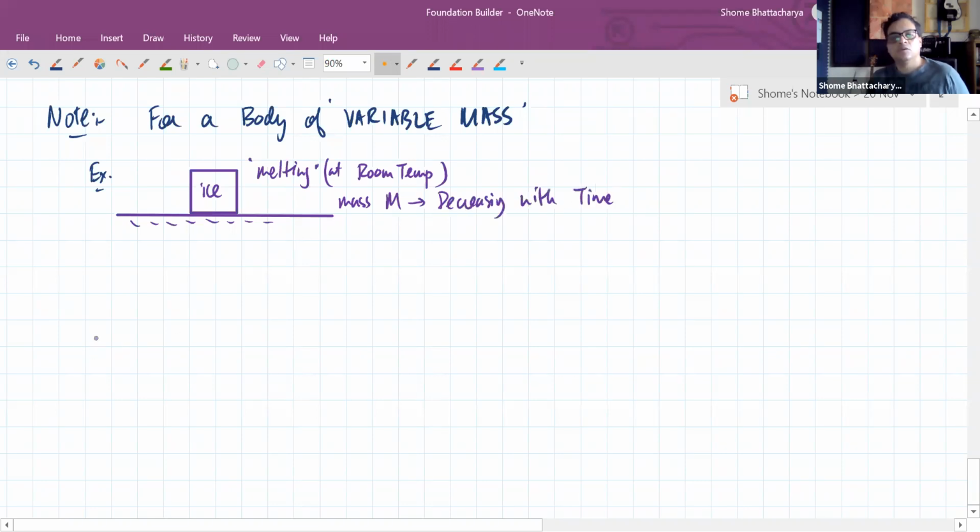Okay. Or another example could be, you have a tanker which has a leakage.